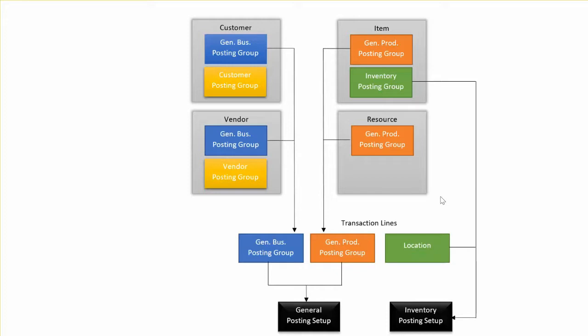One other key piece of information is related to the inventory. So when you have a line type that is an item, you also are referencing the inventory posting group and location on the line that then looks at another posting setup called inventory posting setup. And this is for line types that are items.